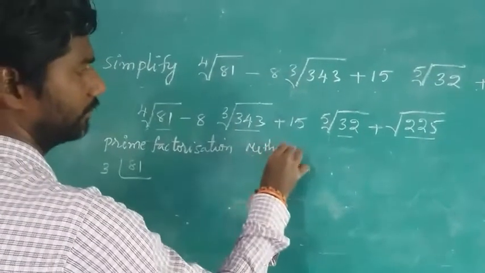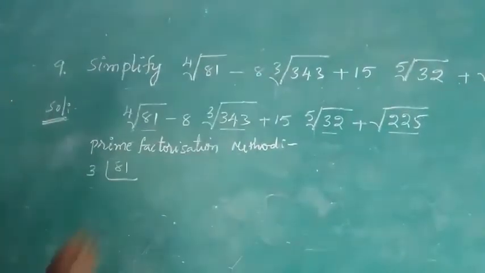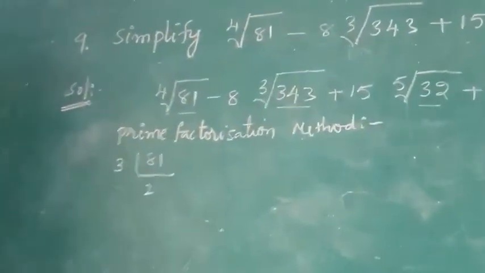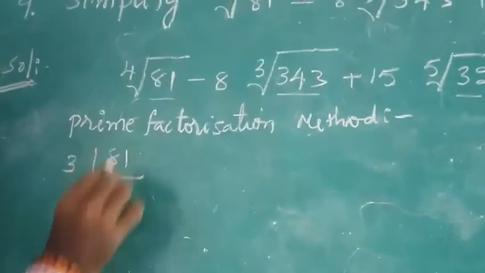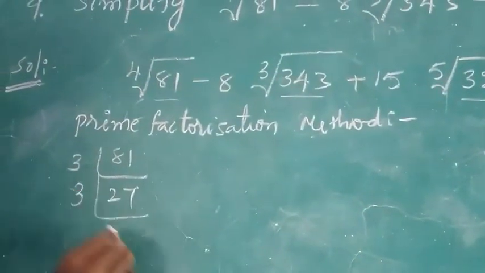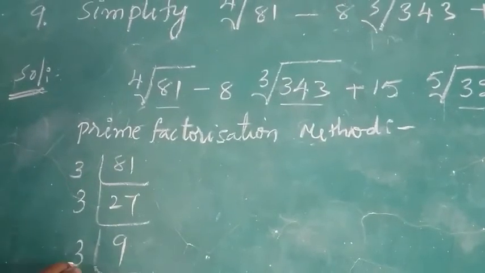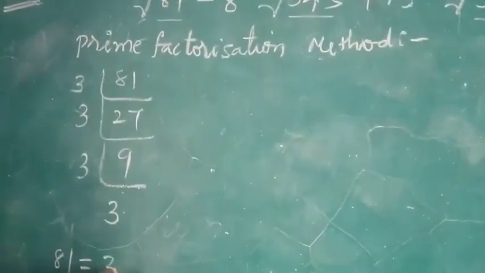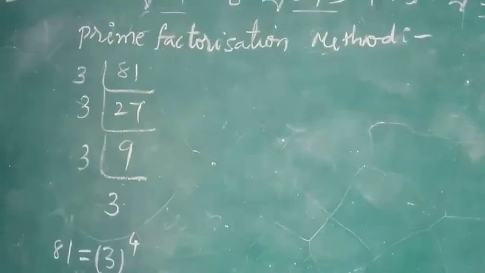For all I am doing it. 3 2s are 6, right? How much left? 2. So 3 7s are 21. Next 3 9s are 27. Next 3 3s are 9. So 81 you can write as 3 to the power of 4.